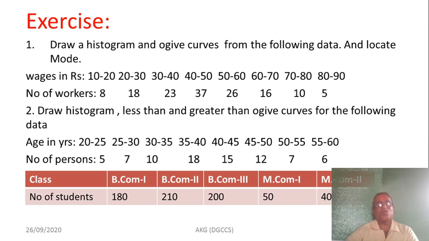One is less than cumulative frequency and the second one is greater than cumulative frequency, and then draw the corresponding ogives. And the third example is for the bar diagram and pie diagram. So this is for your exercise. Draw the histogram and ogive curves yourself for these three examples.